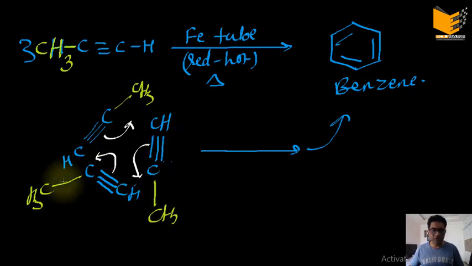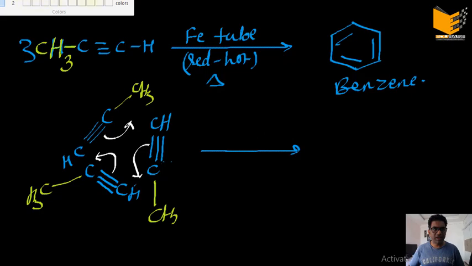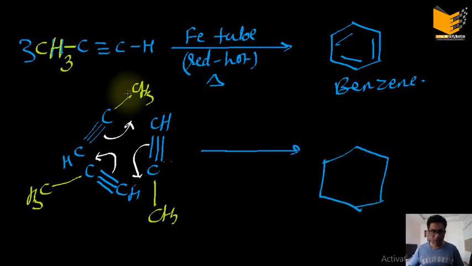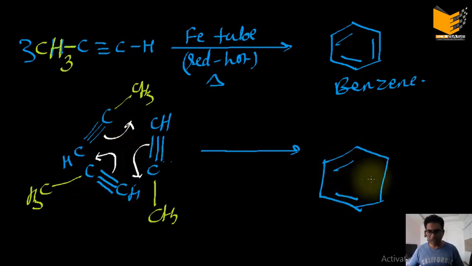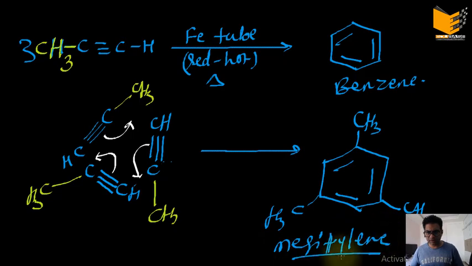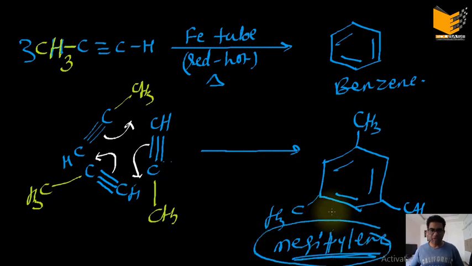I have to write a little crooked, but that should be fine. Again the cyclization happens in the same manner, and you end up getting a benzene ring where you have 1, 2, and 3 methyl groups in alternating fashion. This is called mesitylene. This is a mesitylene compound that we get.